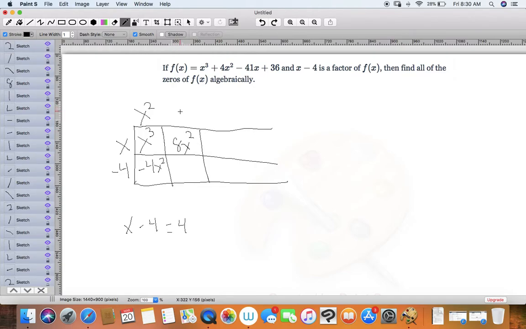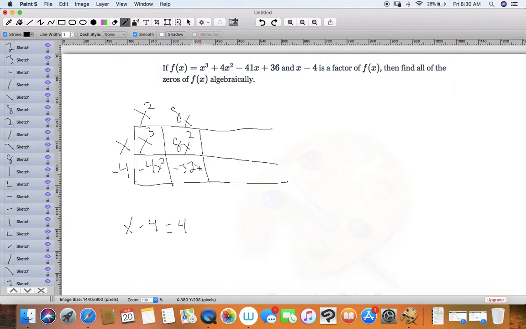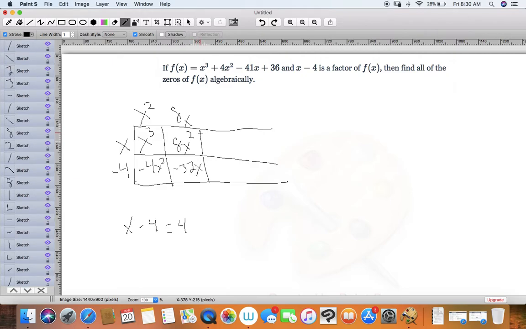So what times x gives us 8x squared? Well, that's going to be an 8x. So 8 times x is 8x. 8 times negative 4 is going to be a negative 32x. And again, on your diagonal, so now I'm looking at the term with x. We want this to equal a negative 41x.